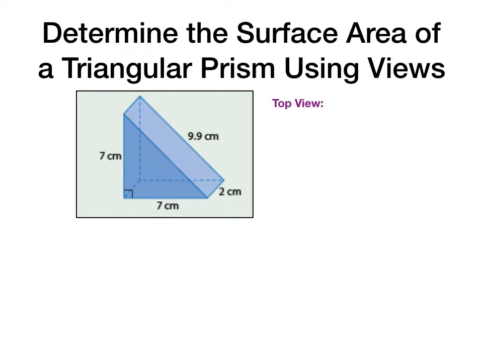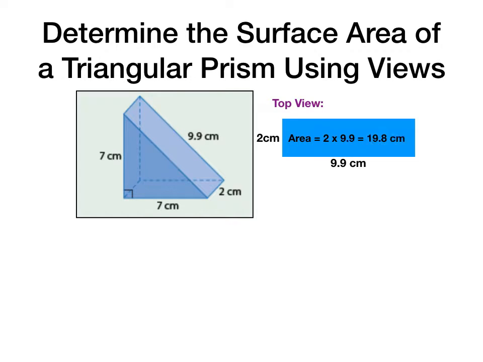If we look at this triangular prism from the top, we would see a rectangle with dimensions 2 centimeters by 9.9 centimeters. The area of our top view would be 2 times 9.9, which is 19.8 square centimeters.